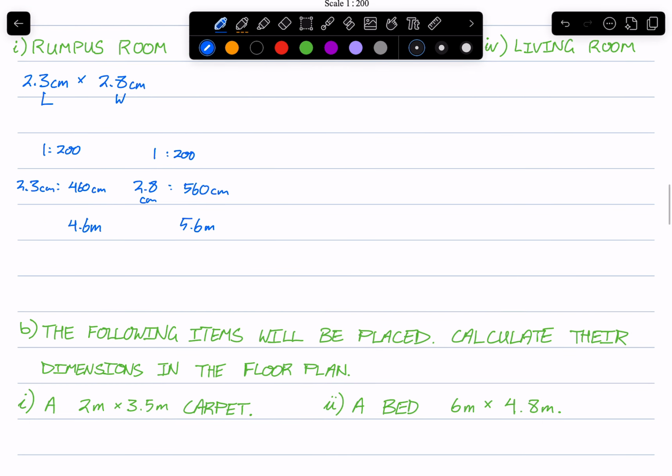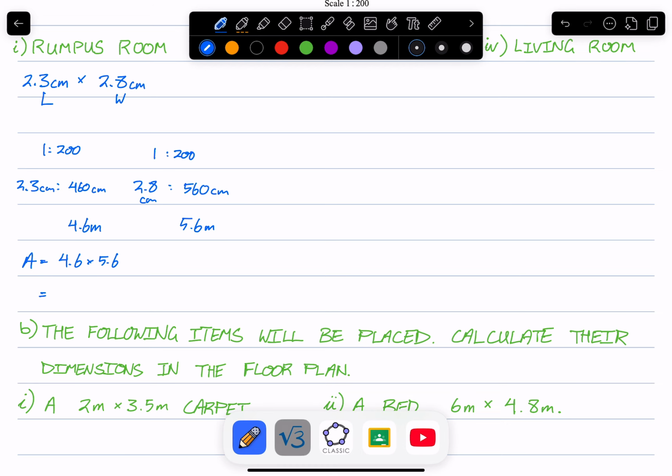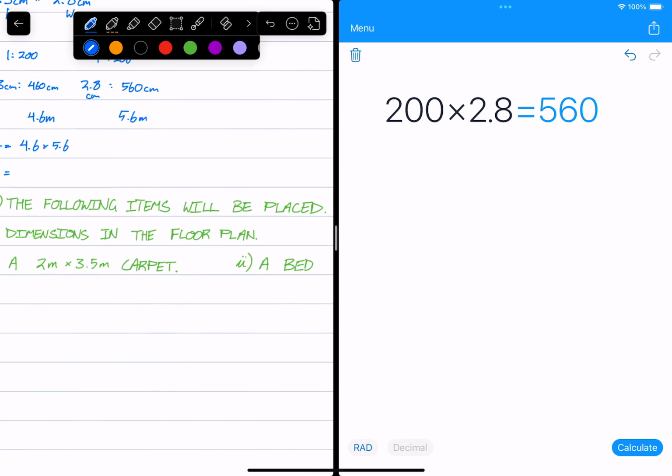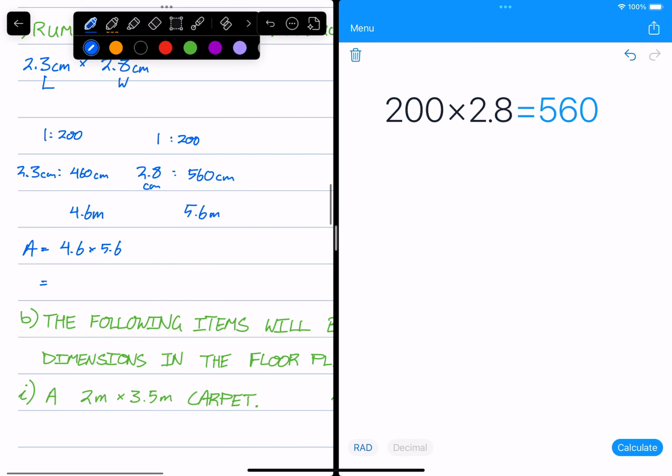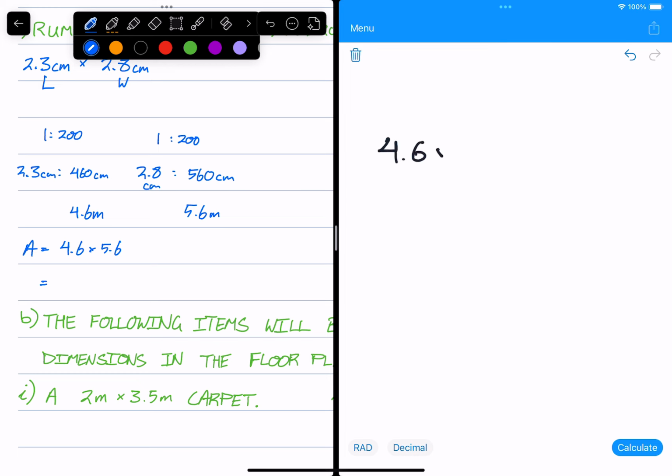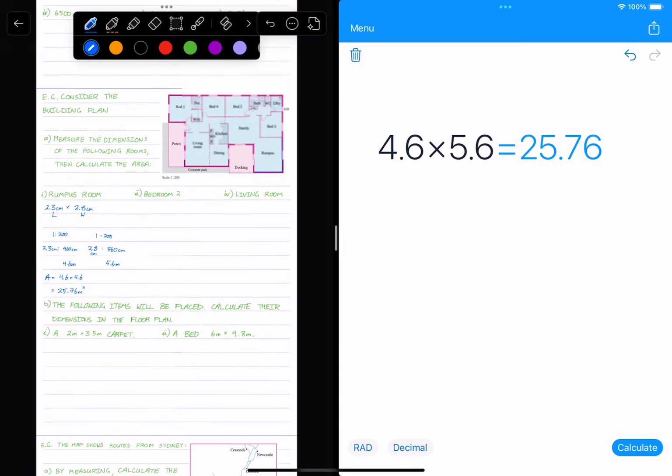To calculate the area, it's simply A equals 4.6 times 5.6. This gets us 25.76 meters squared. And there we have it.